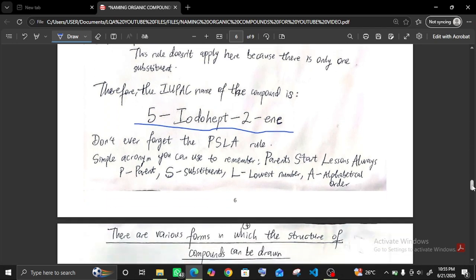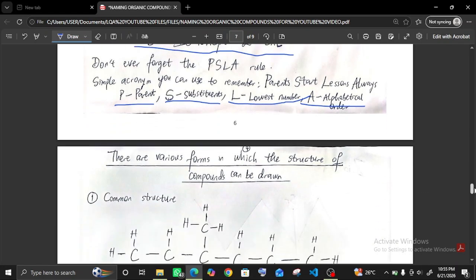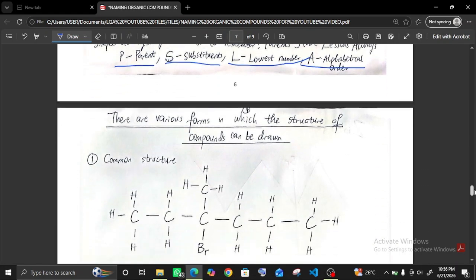And a key rule to take note of in this video is the PSLA rule, where P stands for parent, S for substituent, L for least possible number, and A for alphabetical order. A way you can always use to remember this is: parent start lesson always. You know the parent always starts, so parent start, then lessons always. That's a simple acronym to remember.